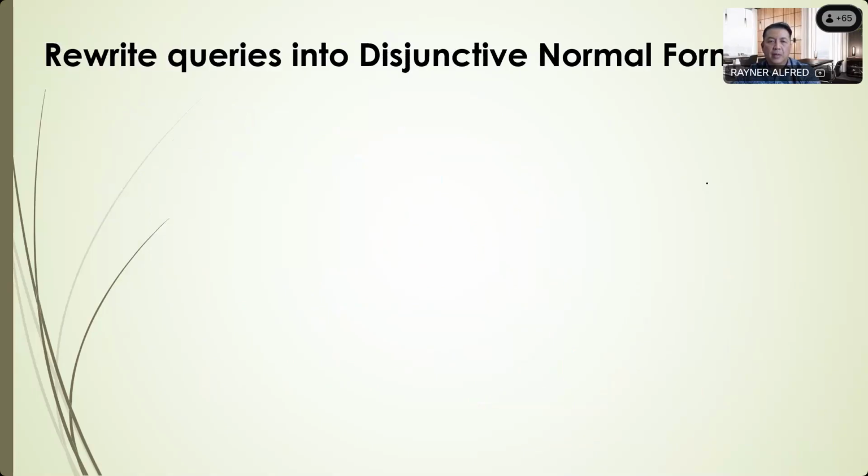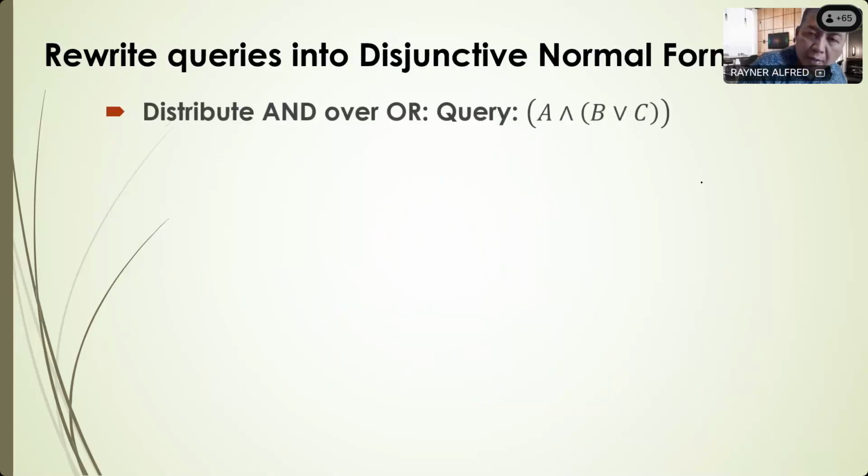Okay, so let's do some exercise here. For example, this is your query. You need to have keyword A and B or C. So how do you convert this into disjunctive normal form?